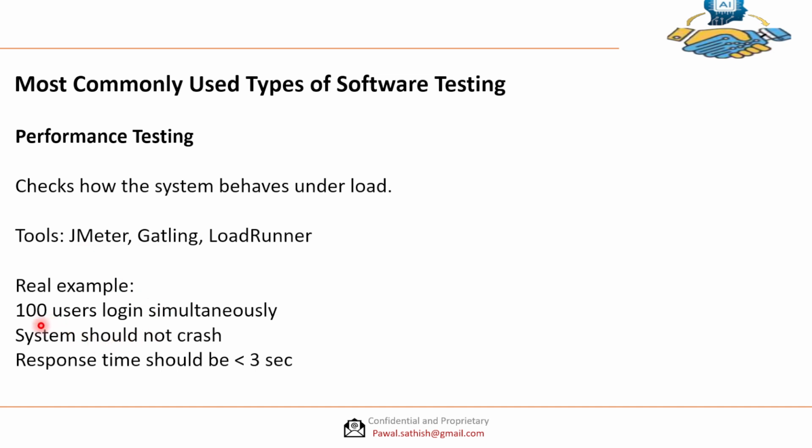When we log in 100 users through JMeter, we verify the system should not crash and response time should be less than 3 seconds. Again, this depends on what the product is expecting. If the product expects a response of less than 2 seconds, then we need to refactor the code side or the backend side.